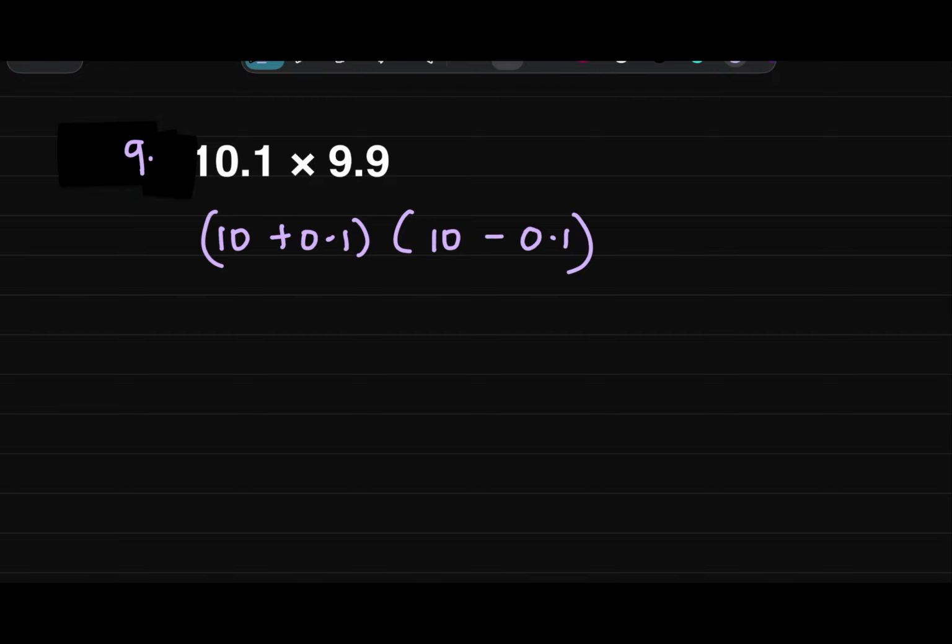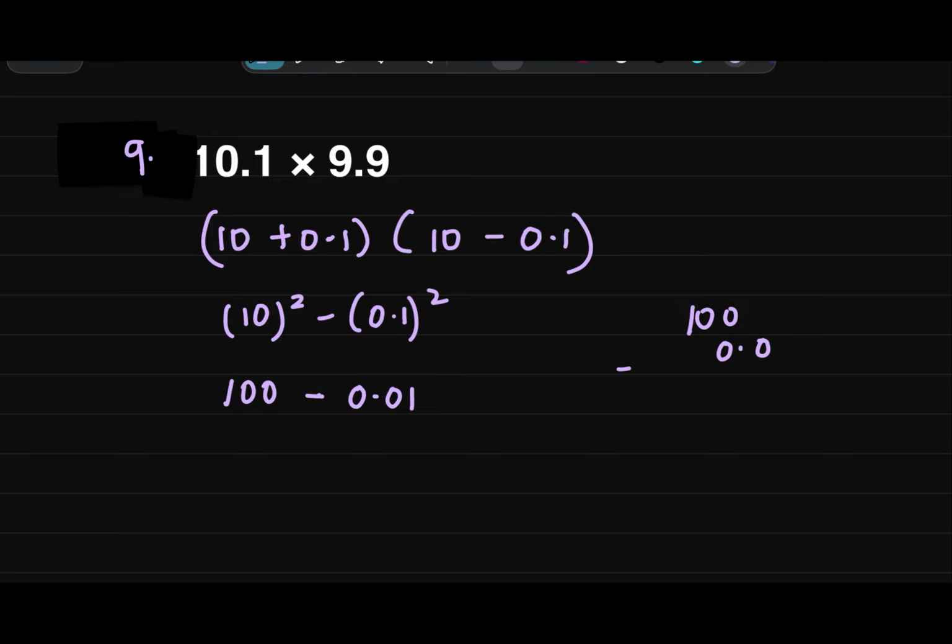Okay, so I can use the formula a square minus b square, which is 10 square minus 0.1 square. Square of 10, 100. Minus, what is 0.1 into 0.1? 0.01. So what is 100 minus 0.01? We'll put zeros here. 99.99 is the final answer.